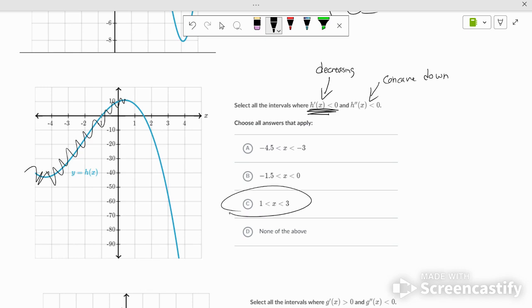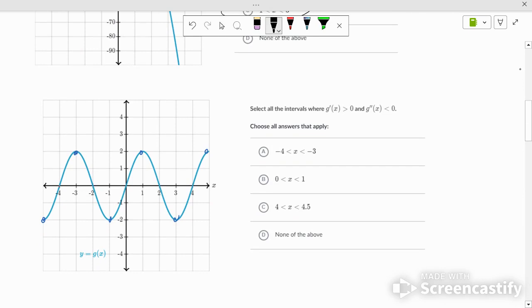Well, 1 to 3 is a place where that would work. It doesn't start right there at 1. That's where it would work. Right there, that's 1, just because it's in that zone.